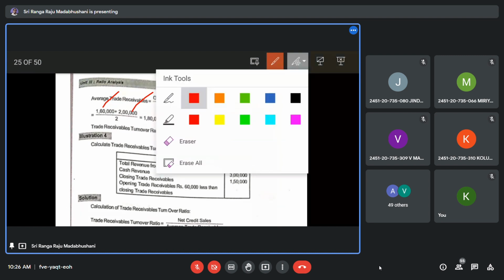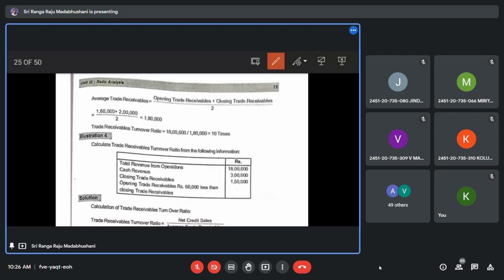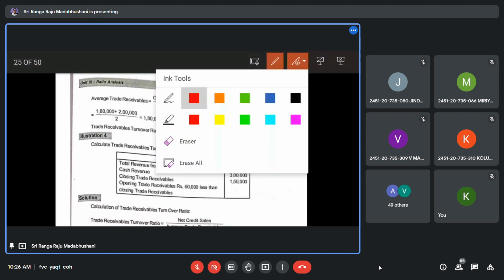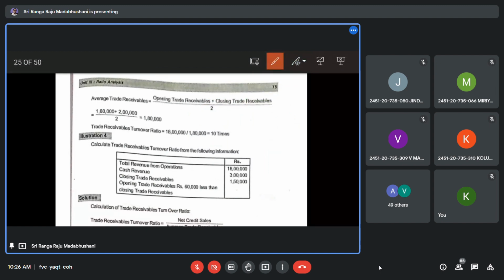Okay. The next one, this one also we are able to see. Total revenue from operation 18 lakhs. Cash revenue 3 lakhs you have to minus. Then 15 lakhs is net revenue from operation. Closing trade receivable 15 lakhs.